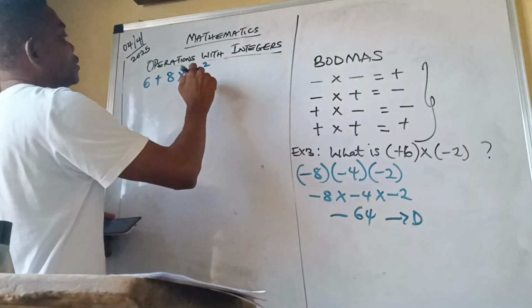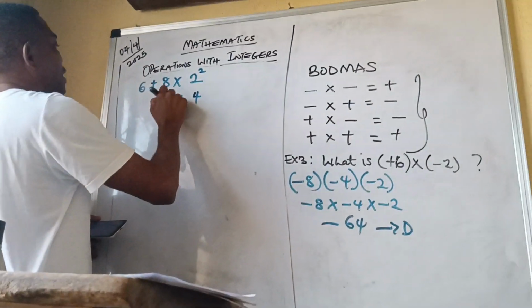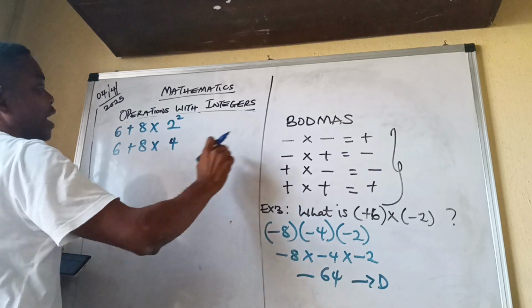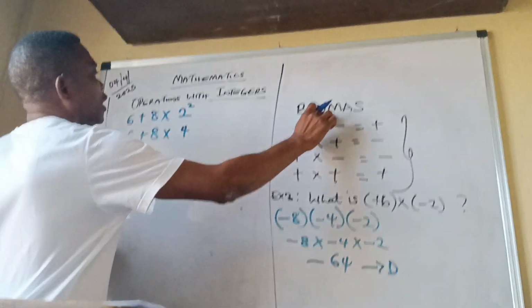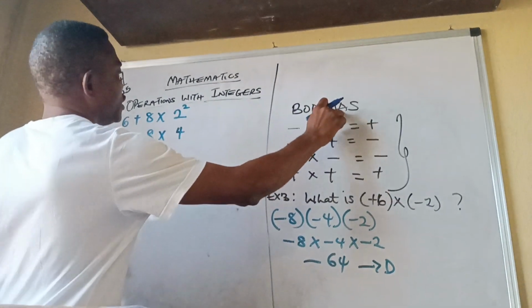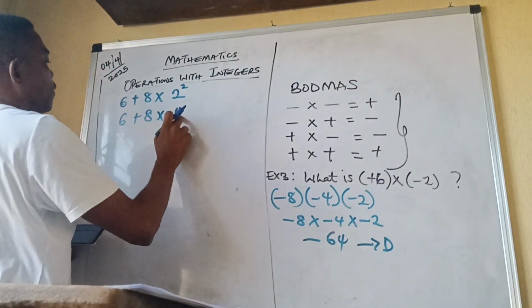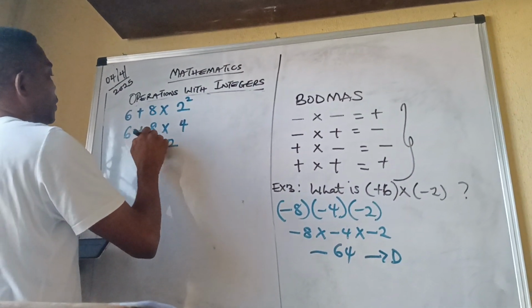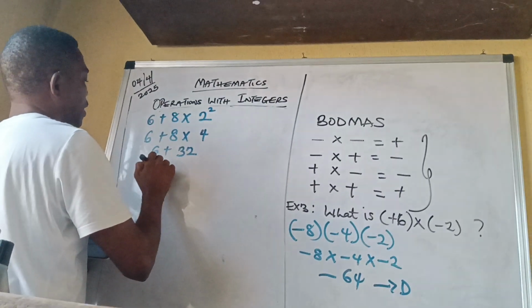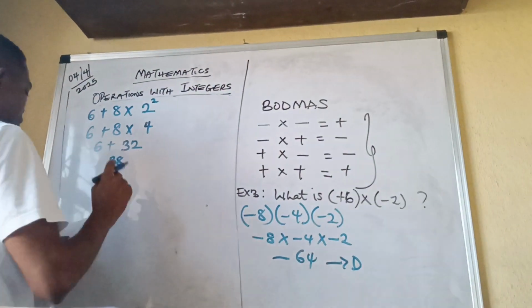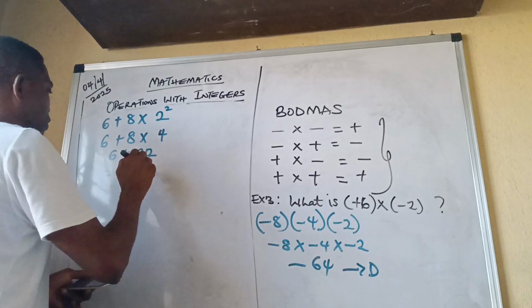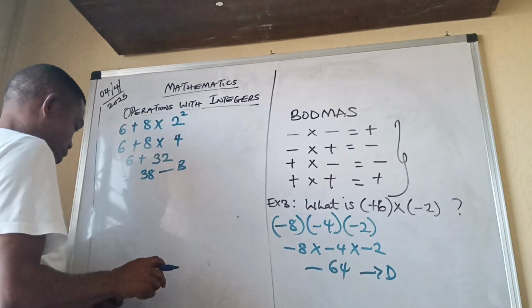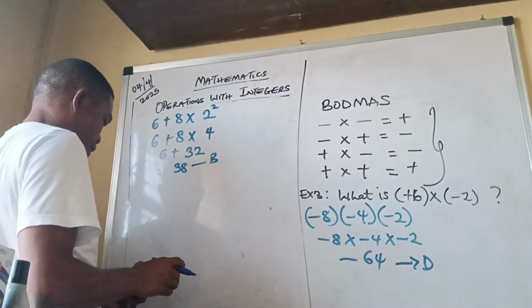That means 2 times 2 is 4, times 8, plus 6. According to our BODMAS, multiplication will come before addition. So 8 times 4 is 32. Then add it to 6. You end up having 38. So 38 is the answer, which is option B.